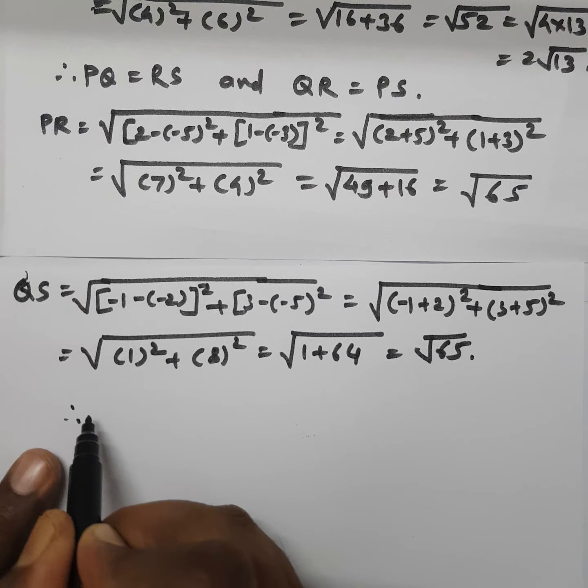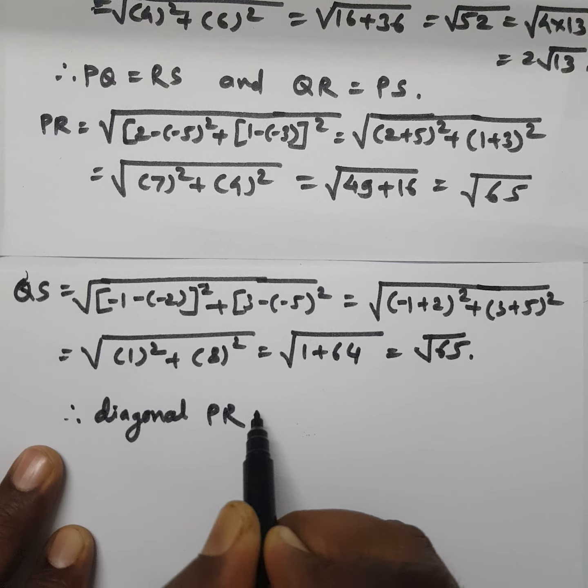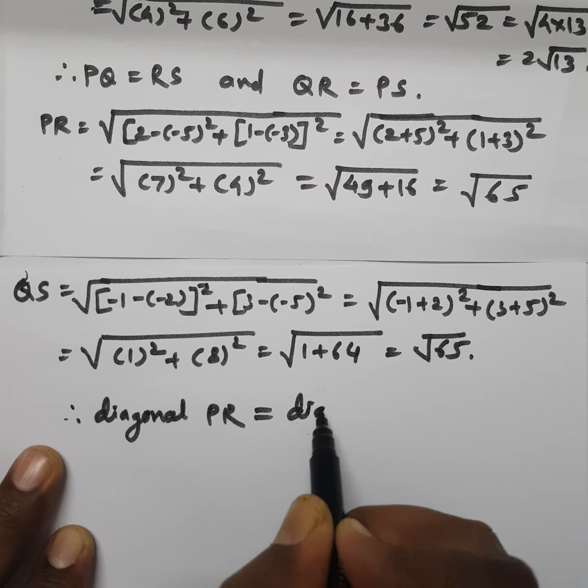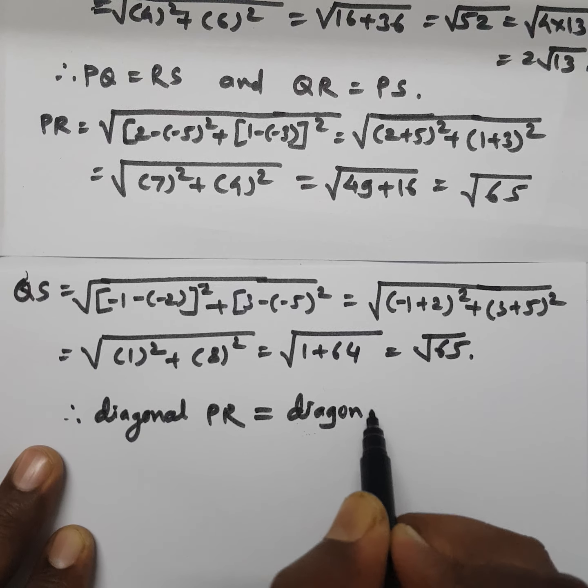Therefore, diagonal PR is also equal to diagonal QS.